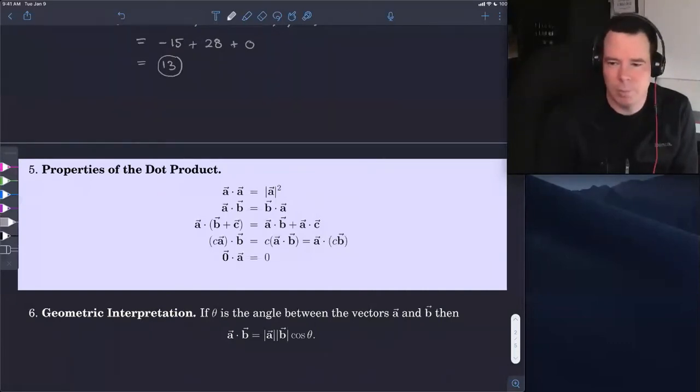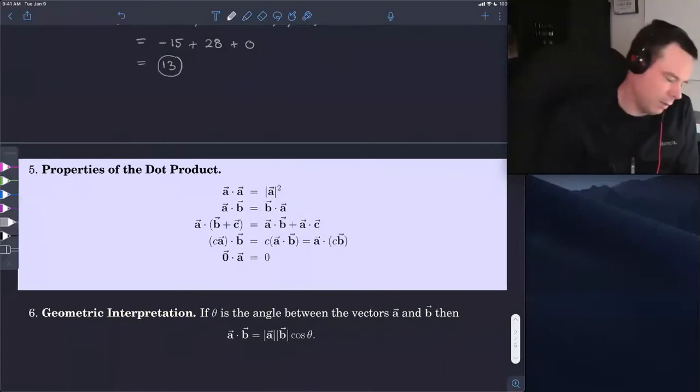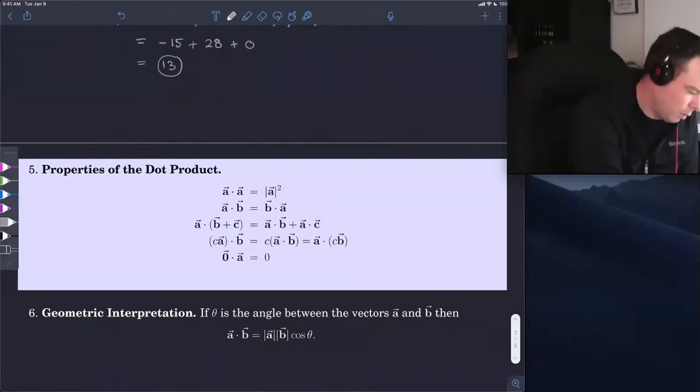So the first property of the dot product is if you take a vector and you dot it with itself, what that returns is the square of the length of the vector. And this is not too hard to see, because again, pretend we're in 3 dimensions. All these ideas extend to arbitrary dimensions, but we'll just focus on 3 dimensions.